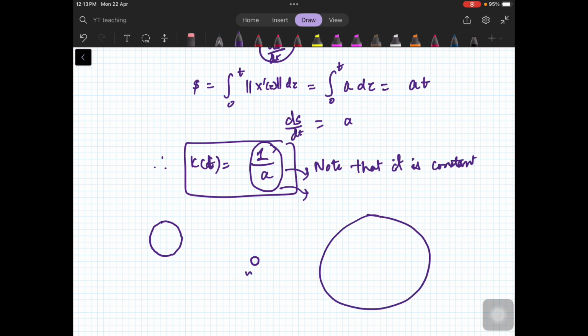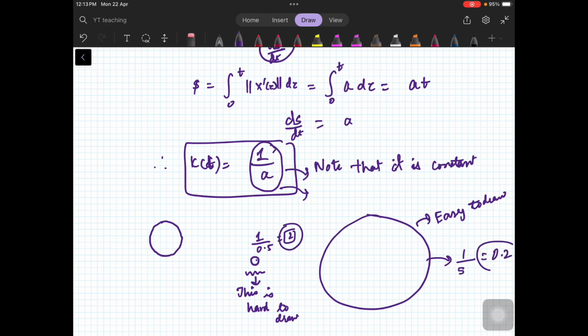For the small one, it is hard to draw, which means there is more curvature, right? You have to change your pencil faster. The large one is easy to draw because it has low curvature. So if this is a circle of radius say 0.5, then the curvature is 2, and if the radius of the circle is say 5, the curvature is 0.2. Now you can see that here the curvature is high, here the curvature is low.